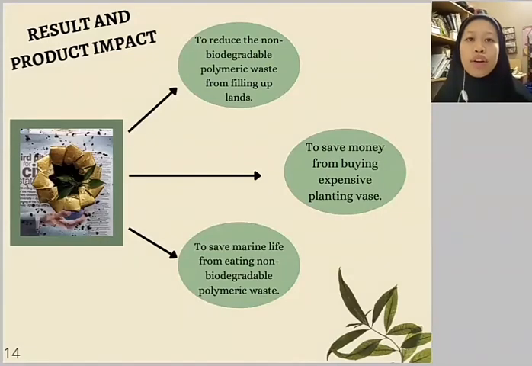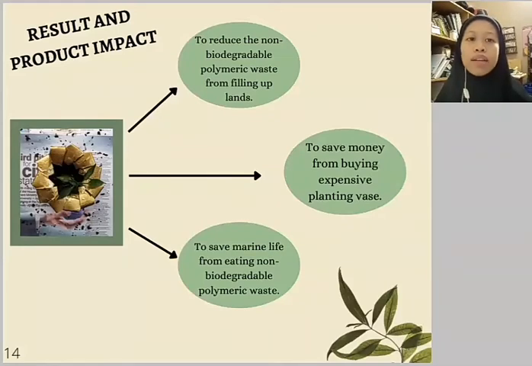So the last one is the result and product impact. The result and product impact is to reduce the non-biodegradable polymer waste from filling up lands, and the second one is to save money from buying expensive planting vase, which I said earlier, normal plastic vase is quite expensive, so you may save money if you do it yourself.